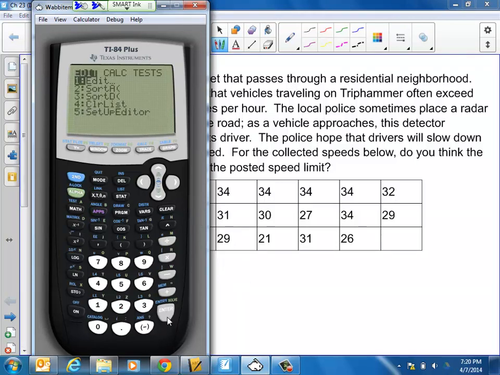Let's go to Stat, Edit, and I will enter into L1 here the data that we've got, these 23 data values.